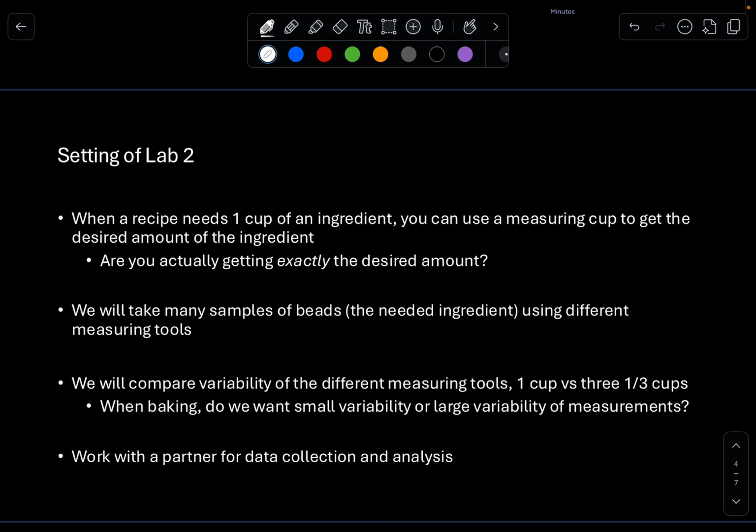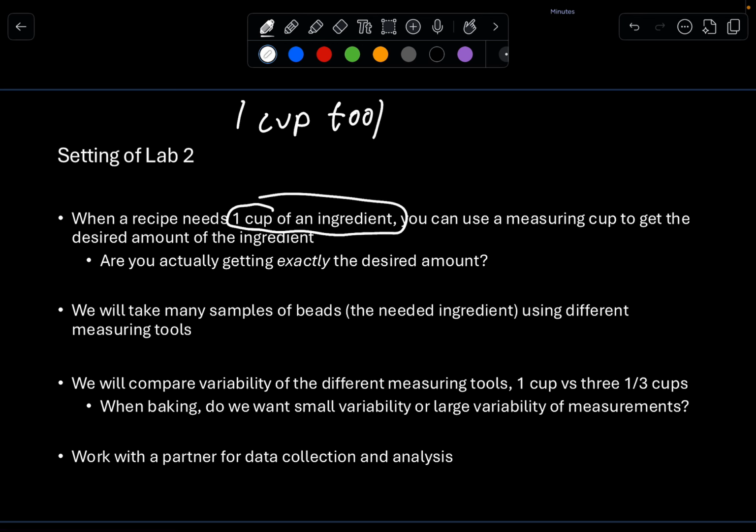Okay, so we are pretending that we're baking some recipe, we're following some recipe, and we need 1 cup of an ingredient. Well, we have the 1 cup tool, the measuring cup, and then we have the 1/3 cup.